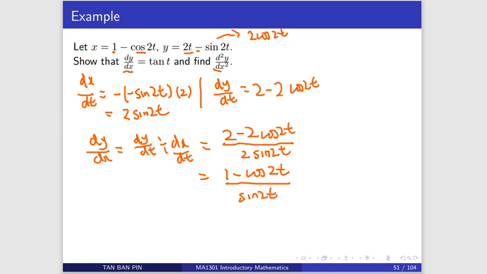And the question asks you to show dy/dx is tan t. So you have to simplify this, and we make use of this: sine 2a is 2 sine a cosine a.